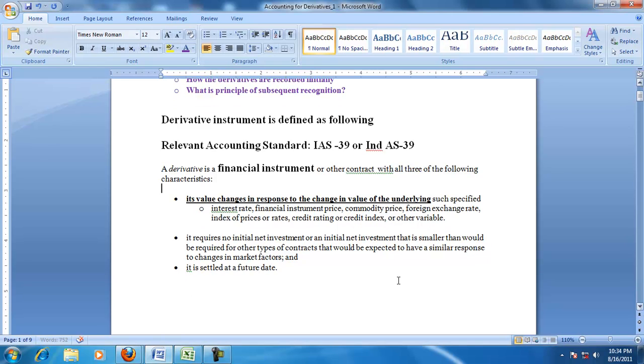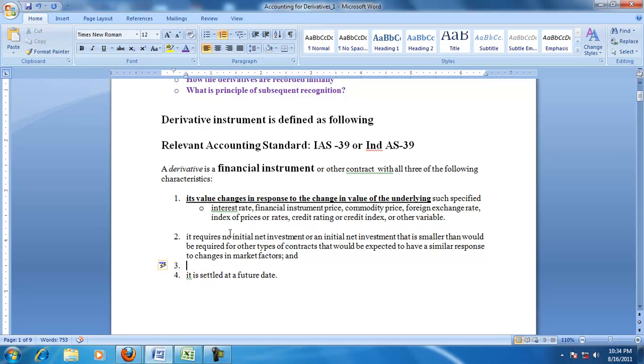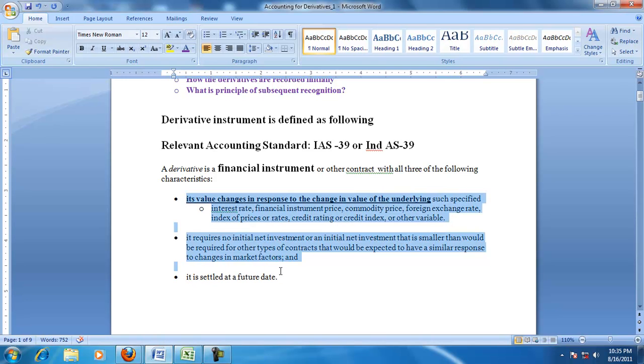The second feature of the derivative is that it requires no initial investment, or the investment required is significantly lower than that required for other types of contracts.